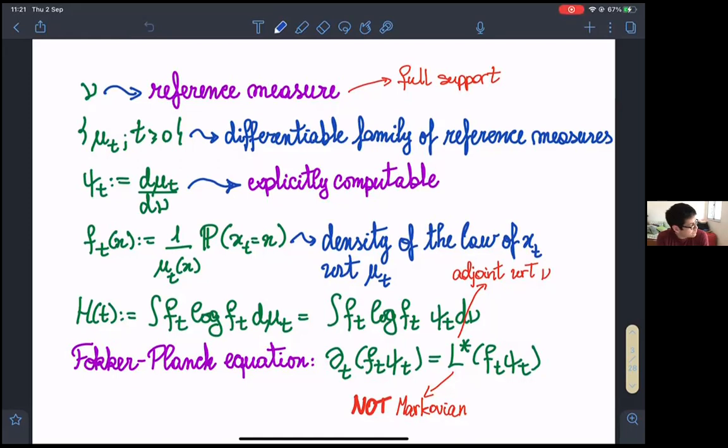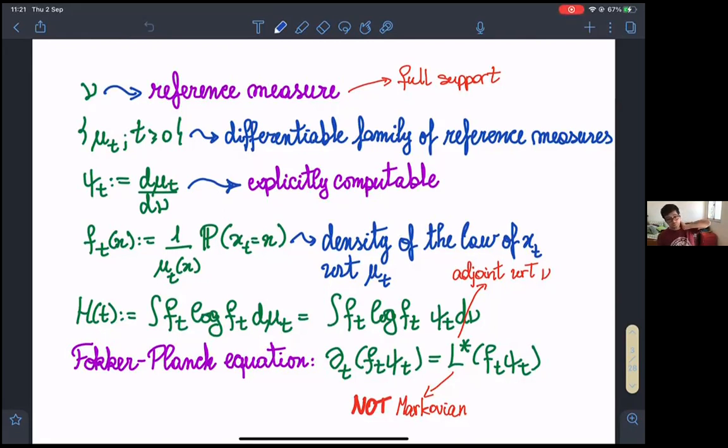We are going to use the relative entropy as our convex functional to measure distance between measures in omega. In particular, I'm going to call H_t the relative entropy of the density f_t. Notice that this is computed with respect to mu_t.